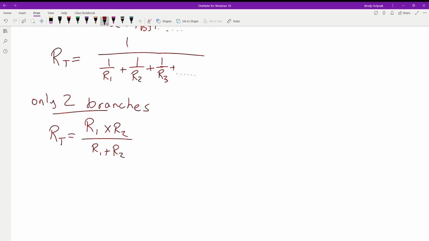Another one that we have is if we have the same R values. If we have two resistors that are the same in parallel, we can use this one.